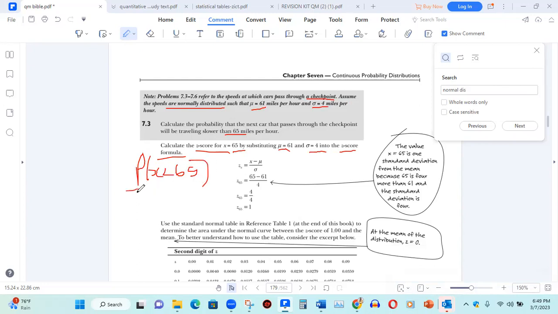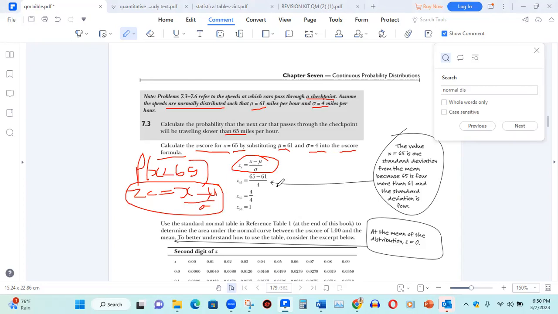So z calculated is equal to x minus mu over the standard deviation. We substitute into this equation: 65 minus 61 over 4.